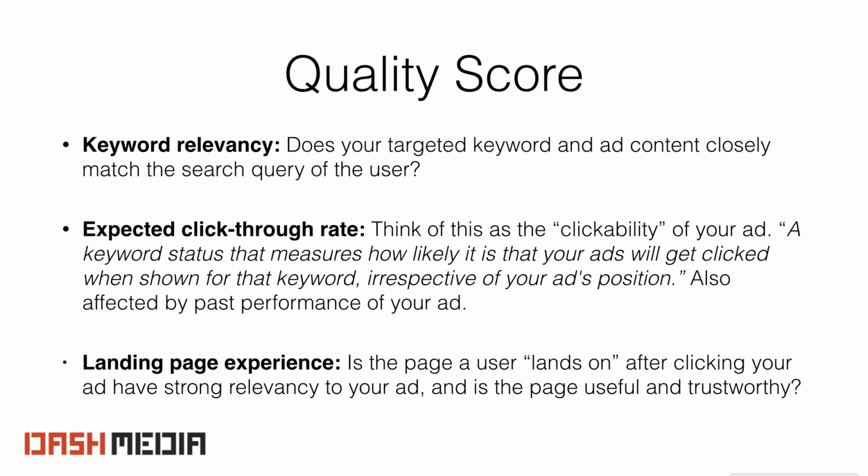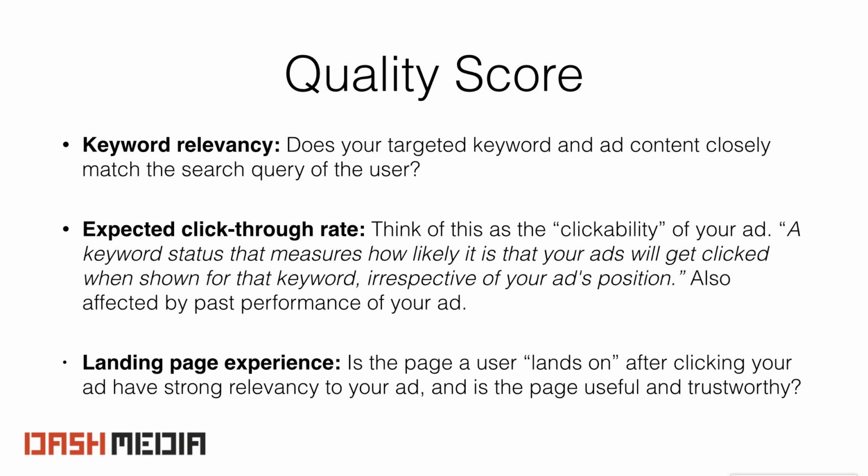So quality score. Quality score is the second point that goes into determining your ad's ad rank. And it's a little bit more complicated. There's a few more factors that we need to pay attention to here. So the first thing we need to look at within our quality score is our keyword relevancy. Does your targeted keyword and ad content closely match the search query of a user? The reason why people use Google, and Google's been very successful, is because it's highly useful to people.